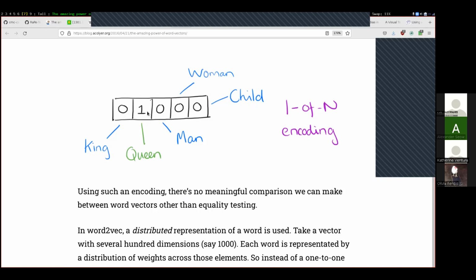But semantically, these words probably shouldn't be equally distant. The words king and queen seem a lot more related to each other than, say, king and child. King and child are both people, but king and queen are both royal people, and they're both adults. So they have a lot more in common, and we'd like to represent those commonalities between the words somehow.